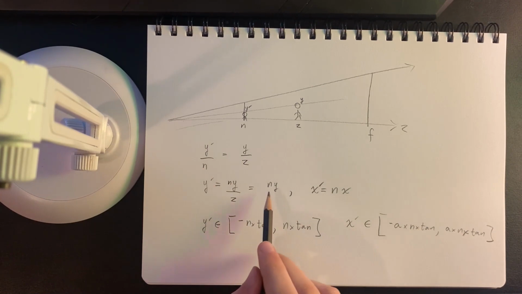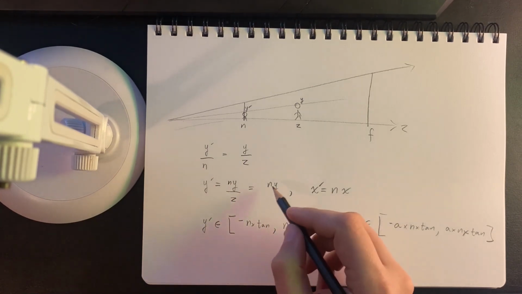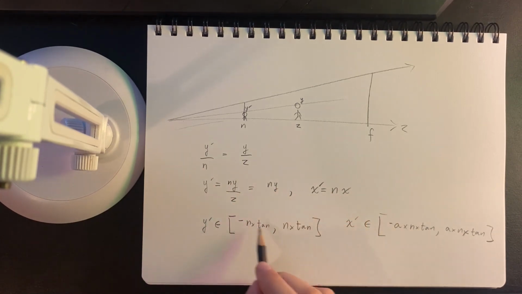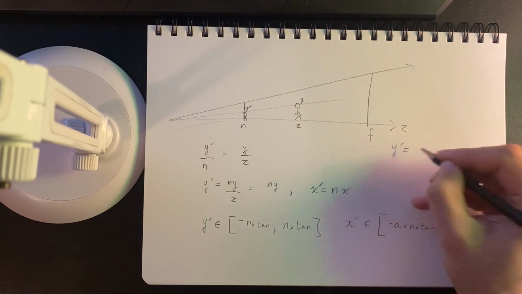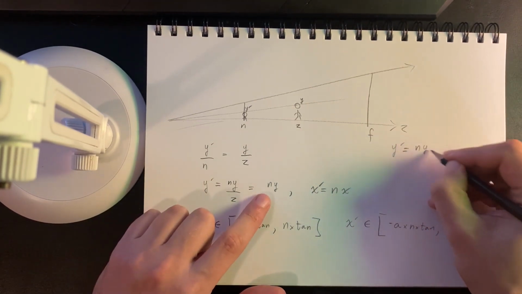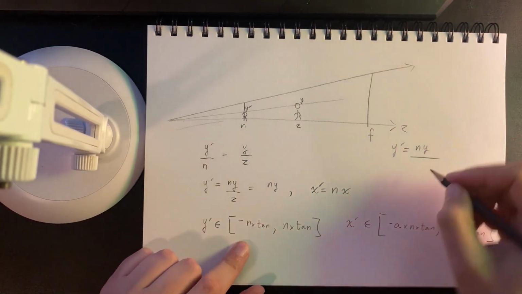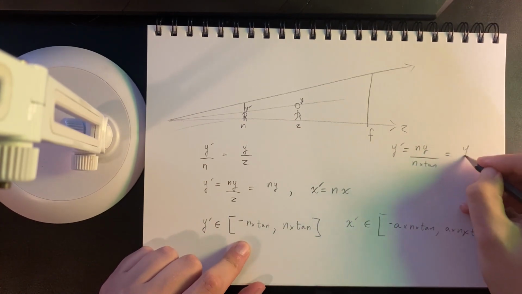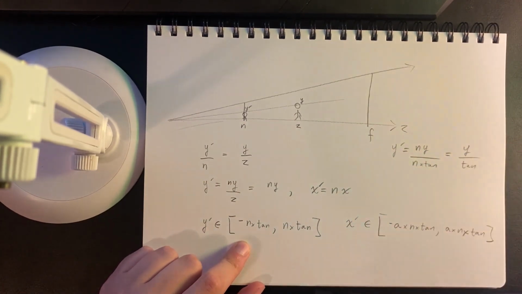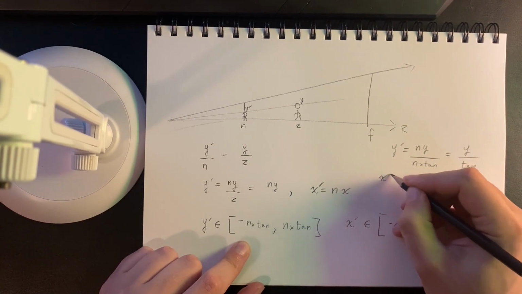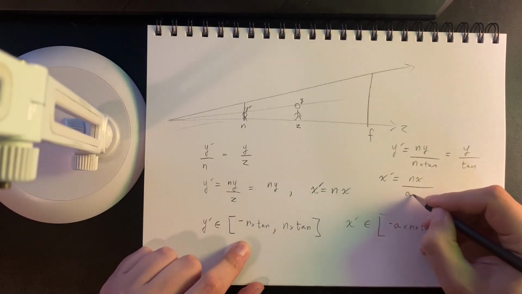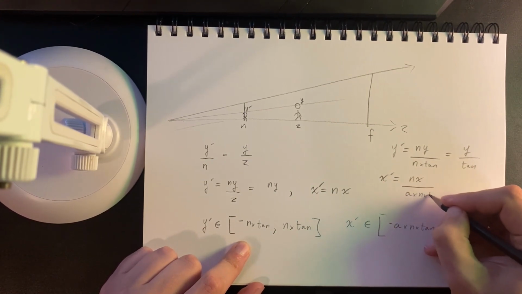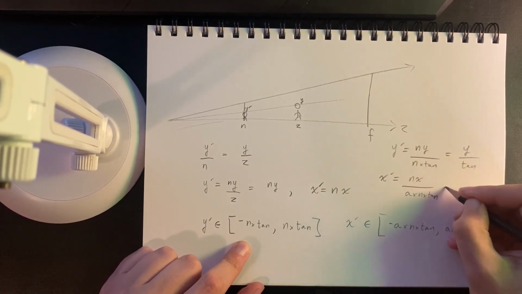So what we want to do is take these results and then divide by, in this case, ny over near times 10. So that comes out to y on 10. And then x dash will be divided by aspect times near times 10.